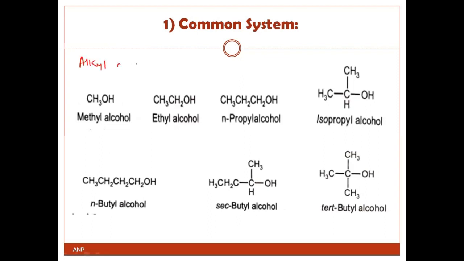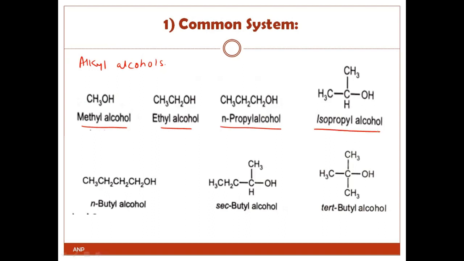The alkyl group attached to the OH group is named, and alcohol is added as a separate word. For example, methyl alcohol, where the OH group is attached to methyl. So methyl alcohol, ethyl alcohol, n-propyl alcohol, and isopropyl alcohol.